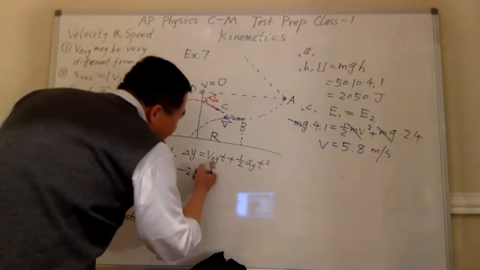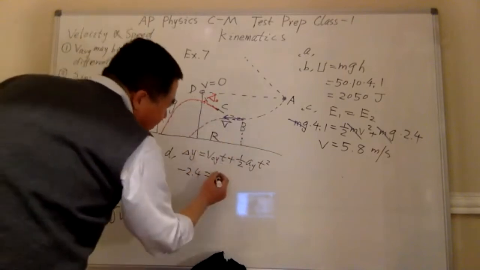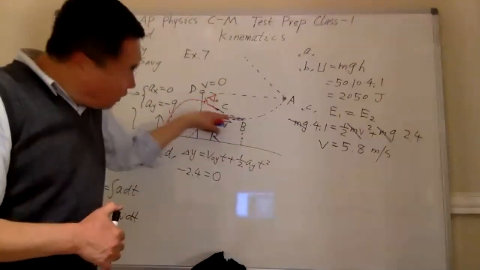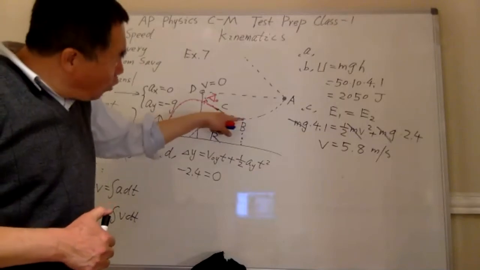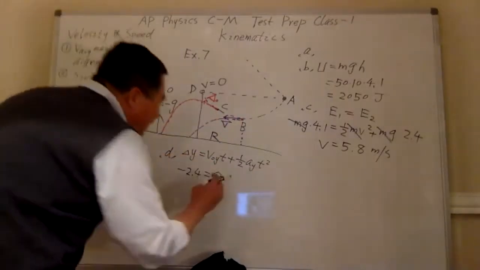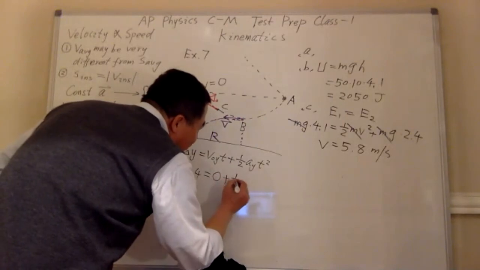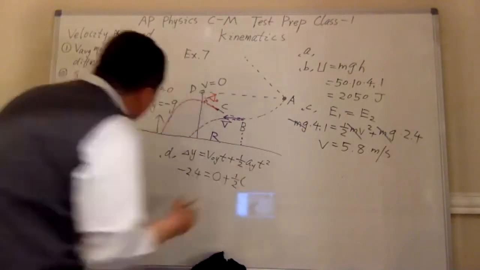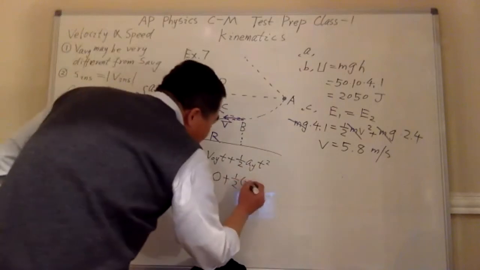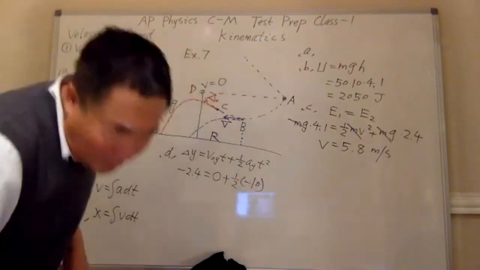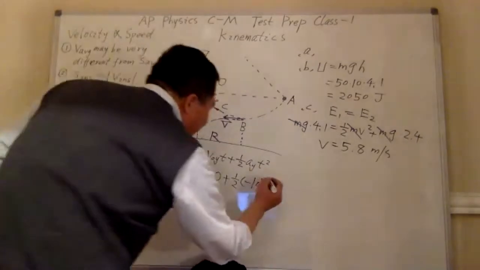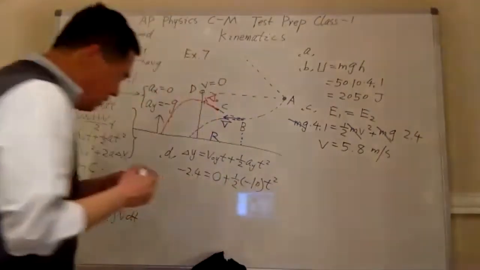Then you see this is horizontal initial velocity, so the initial vertical velocity equals 0, plus a half, but a y takes negative g, negative 10, times t square.